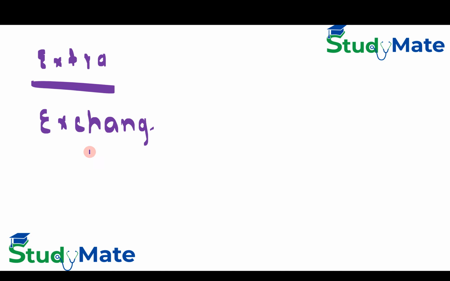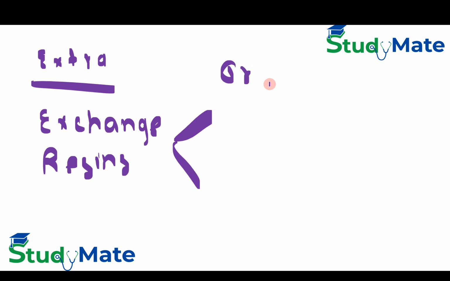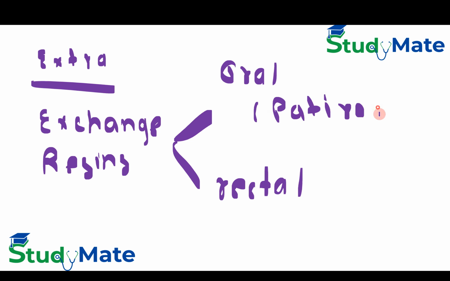Now, there are some other techniques as well to decrease the potassium levels. That includes exchange resins. Exchange resins can be oral or rectal. Oral exchange resin includes patiromer, and rectal exchange resin includes kayexalate.